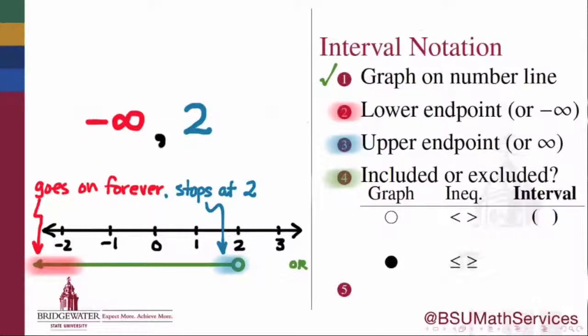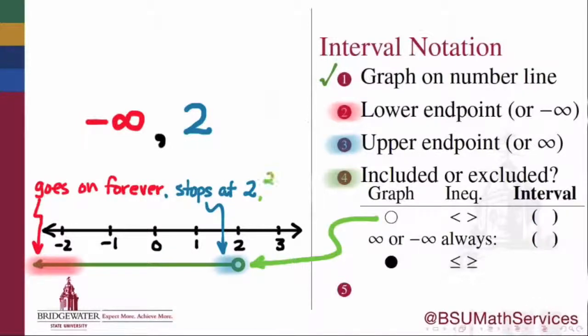Finally, we need to describe in our interval notation whether or not each of these endpoints is included or excluded. Starting from our endpoint at the right, 2, because we used an open circle in the sketch, because it was a less than or greater than inequality in the beginning, we'll use a round parenthesis to describe the fact that 2 itself is not included in our final answer.